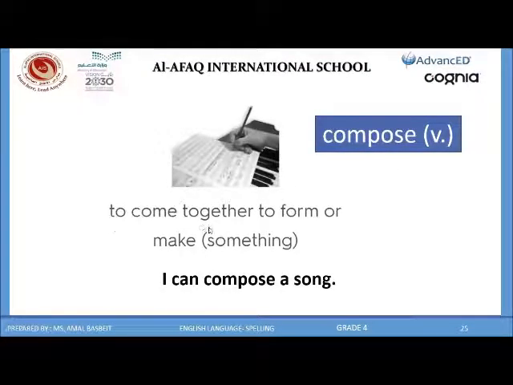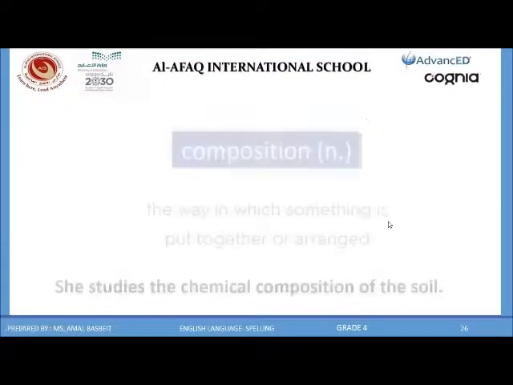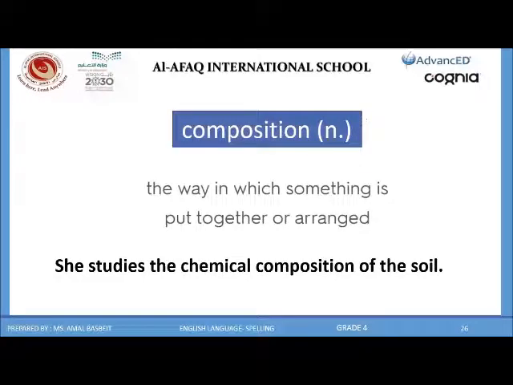It means to come together or to form or to make something. I can compose a song. I can compose a story. So you make a story. Composition is a noun. It means the way in which something is put together or arranged.